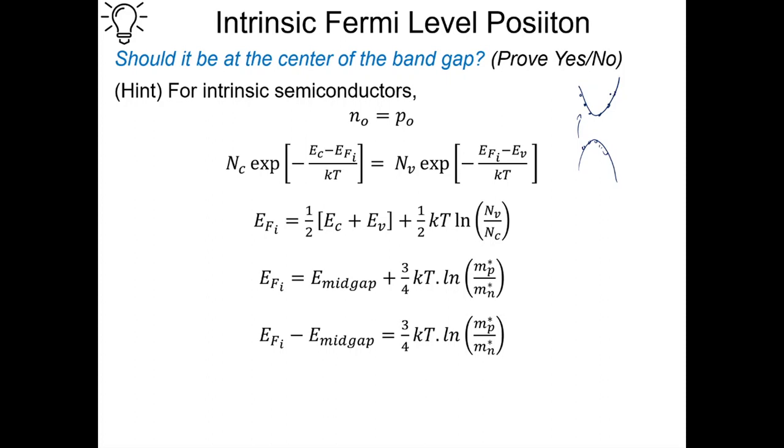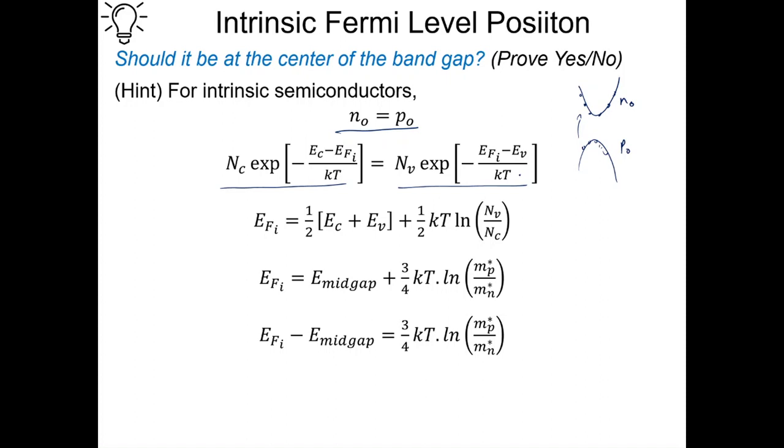So the number of available states in the valence band, which is the number of holes in the valence band, must be the same as the number of occupied states in the conduction band, which is the same as the number of electrons present in the conduction band. So for an intrinsic semiconductor, N naught must be equal to P naught, and if N naught is equal to P naught, you can basically equate both the terms.